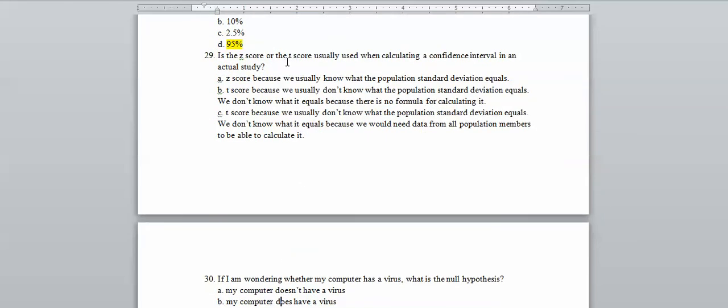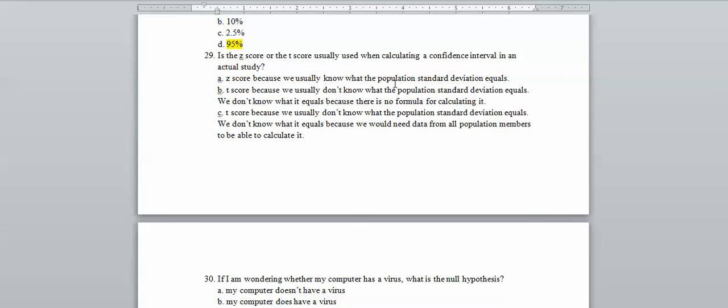In a real life study in which a confidence interval is being calculated, no population values are actually known, because you don't have data from the entire population. So the population mean can't be calculated, the population standard deviation can't be calculated.